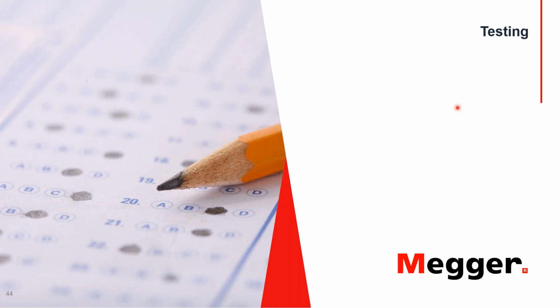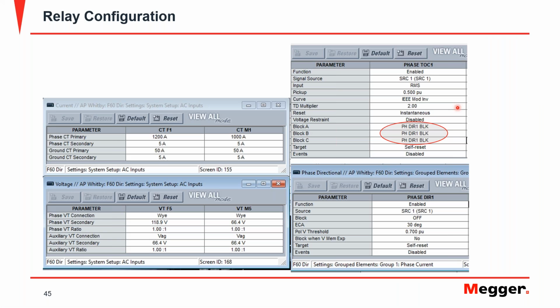The last segment I wanted to devote to testing a relay that I have here with me. I have the configuration of the relay right here. This is an F60 relay that I have with me.